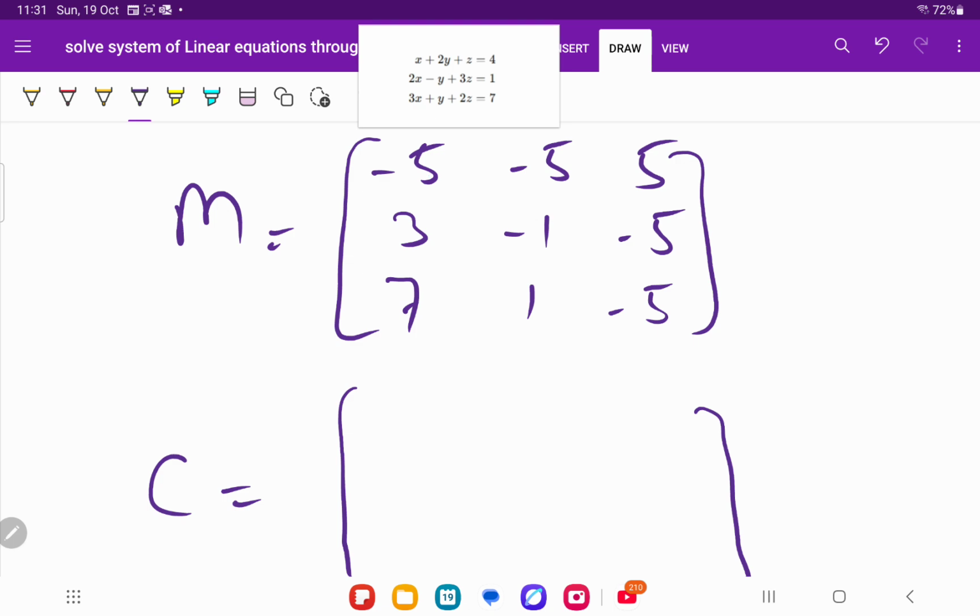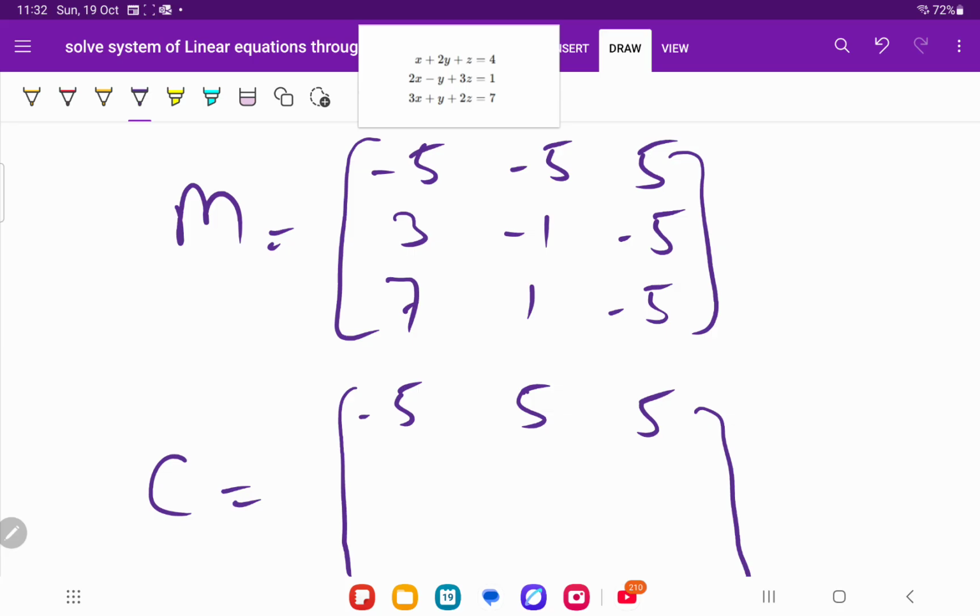Adding 1 plus 1, the number is even, so it remains the same. The second element, minus 5, is at location 1, 2. Adding 1 with 2 gives an odd number, so we change the sign. And 5 is located at 1, 3. 1 plus 3 is 4, an even number, so 5 remains as it is.